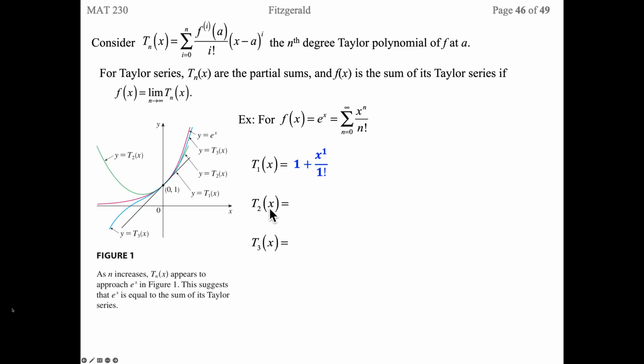T sub 2 of x, then we add on the x squared over 2 factorial. T sub 3 of x is 1 plus x to the first over 1 factorial plus x squared over 2 factorial plus x cubed over 3 factorial. And what you can notice here is my graph, again in red, begins to get a lot of overlapping in a short space, and then it starts to increase a little bit each time.